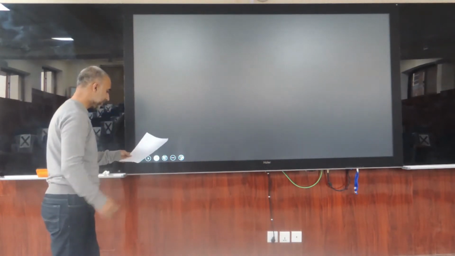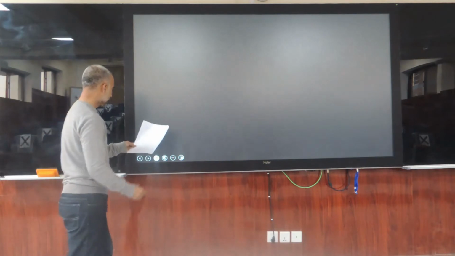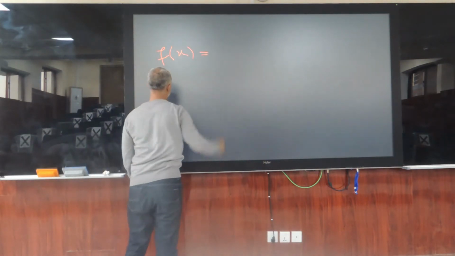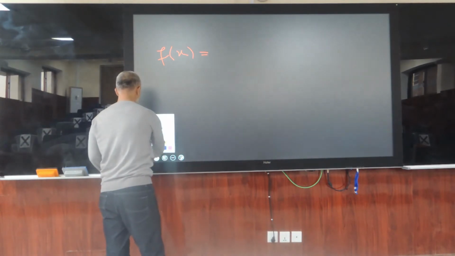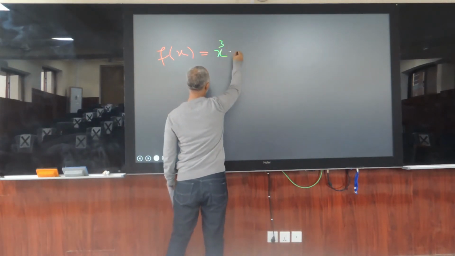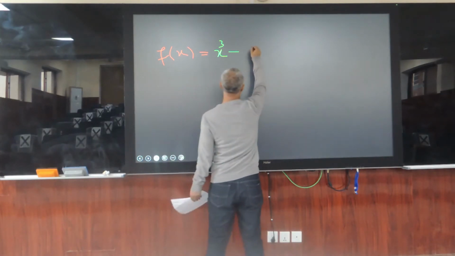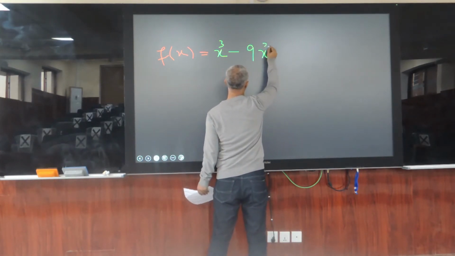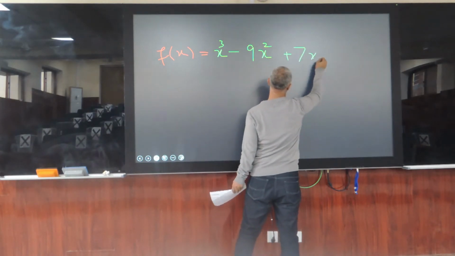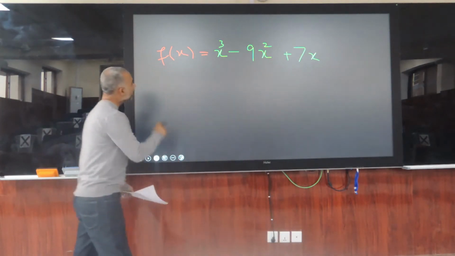Let me explain it with the help of a question. For example, this is a given function: x cube minus 9x square plus 7x. Let's take the first derivative.